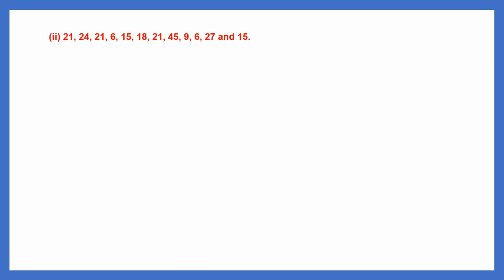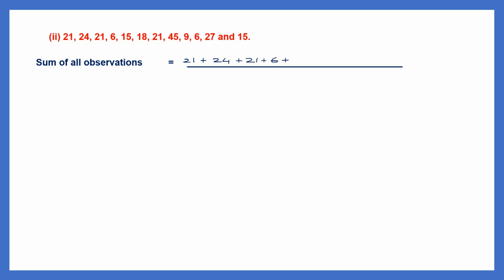Question 2. Here also we have to find all three, the mean, the median and the mode. So first let's find the mean. So that means first step is to find the sum of the observations. You don't have to write it in ascending order when you're finding the mean. So let's write all these numbers: 21, 24 plus 21 plus 6 plus 15 plus 18. Remember to cancel out so that you won't miss out any number.